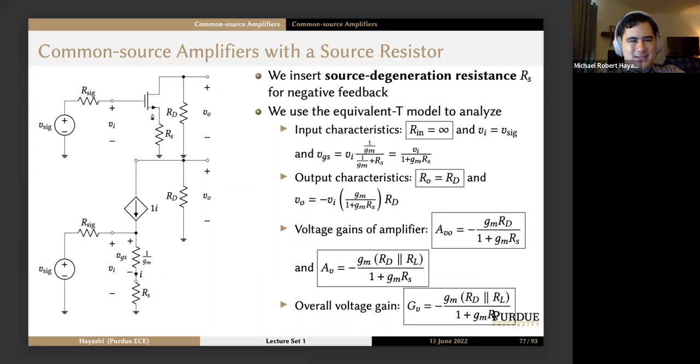Now VGS is different, because remember VGS is right here, between the gate and the source. The source isn't connected to ground, so it's going to be different from Vi.